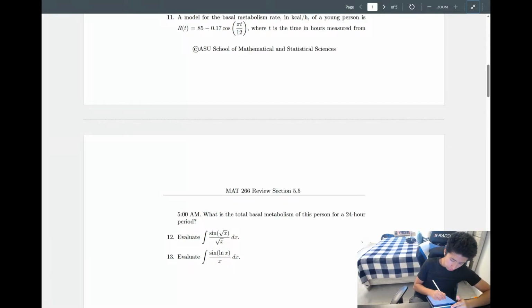So the integral of big R of t is the integral of 85 minus 0.17 cosine of pi t over 12. U equals, very easy, we shouldn't complicate this. What happens if we let u be pi t over 12? Well, we get pi over 12. I don't think that works.